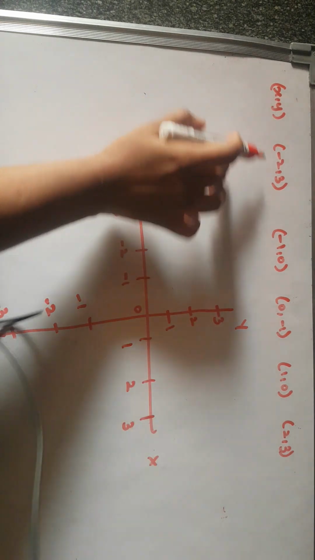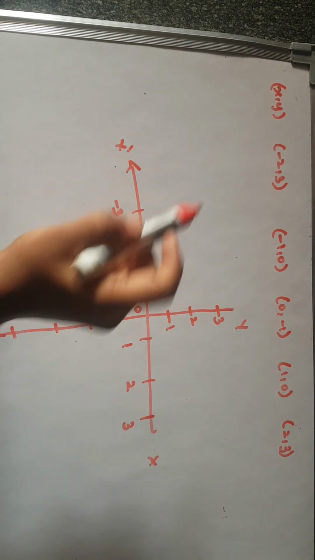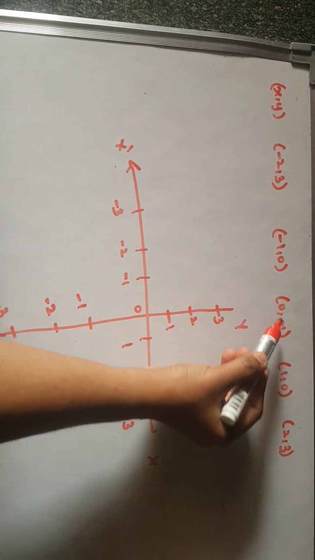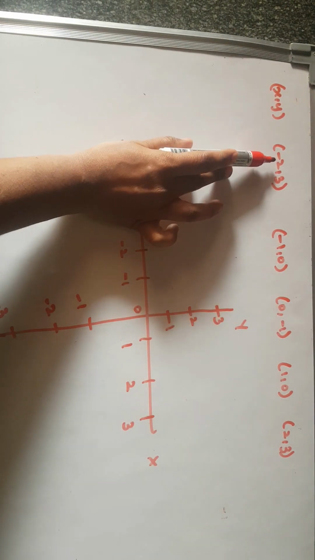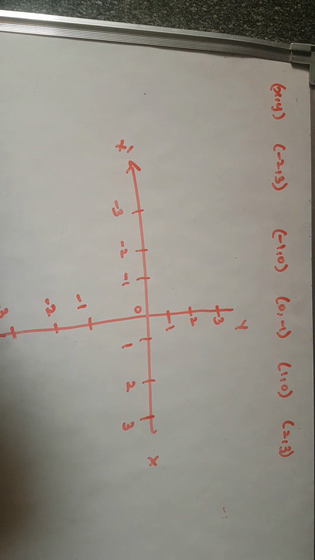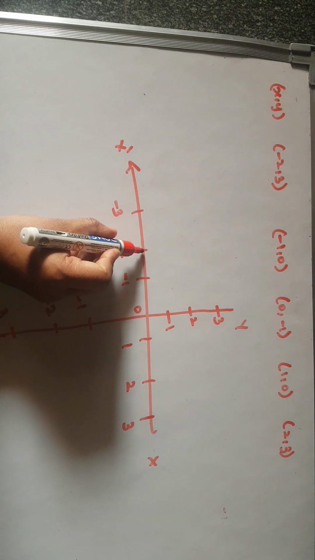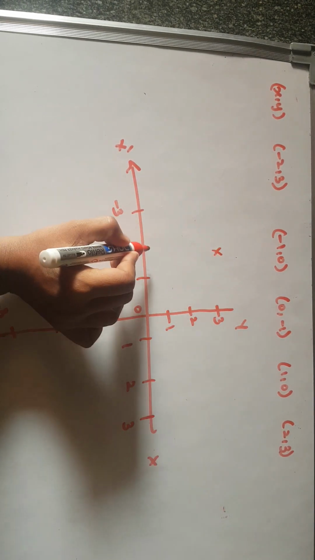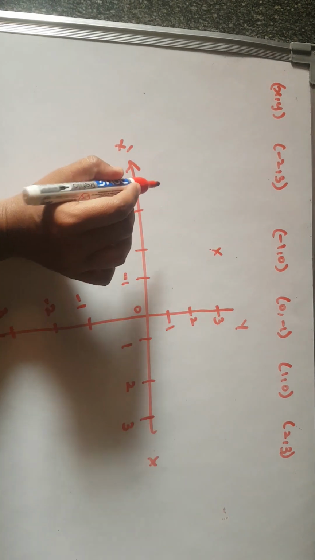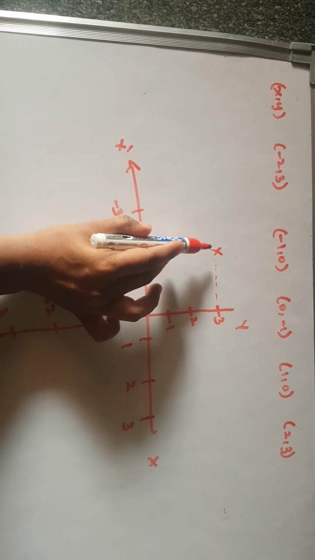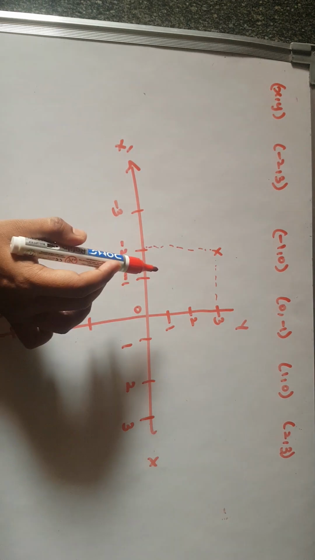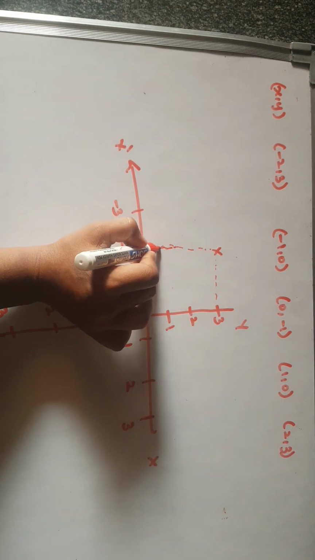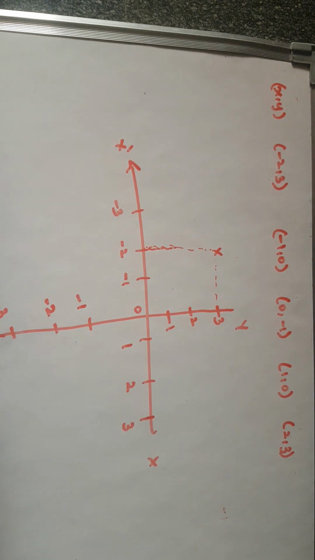These are the values that we get, and this is the graph. When you put x equals minus 2, y becomes 3, so x value is minus 2 and y value is 3, so it is here. You have to mark like this. Take a straight line with this and a straight line with this.